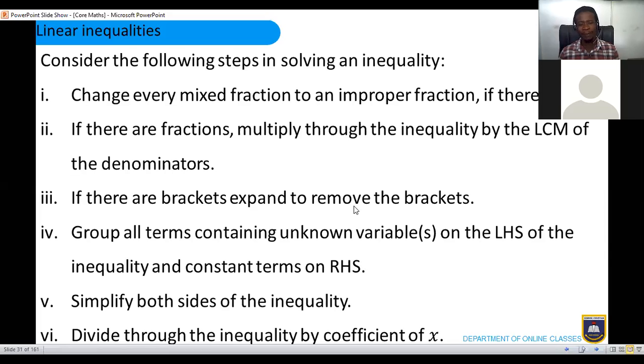So, consider the following steps in solving an inequality: I change every mixed fraction to an improper fraction if there is any. That is the first thing you have to do.